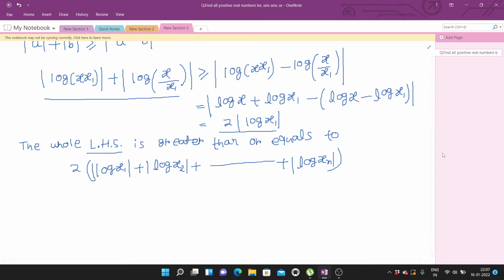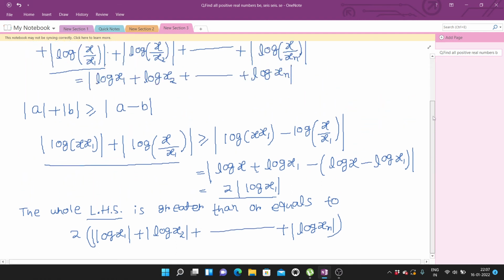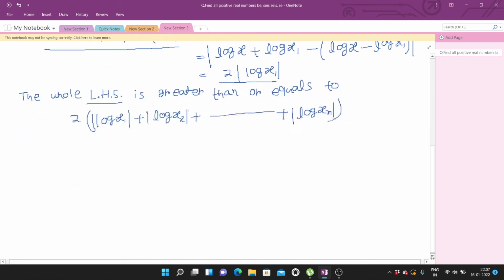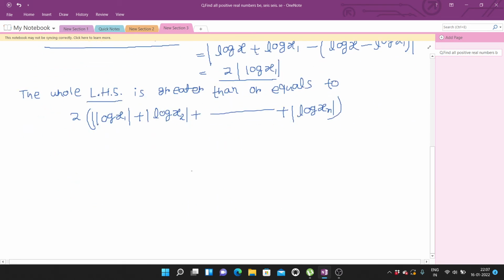On the right hand side, what do we have? We have this thing, but the whole sum is in the modulus, while in the left side the terms are separated. We can adjust it with similar modulus properties.